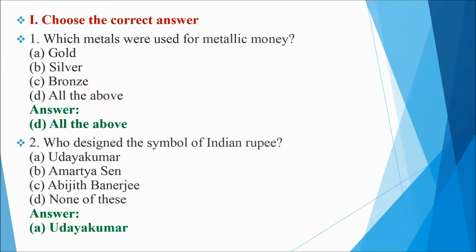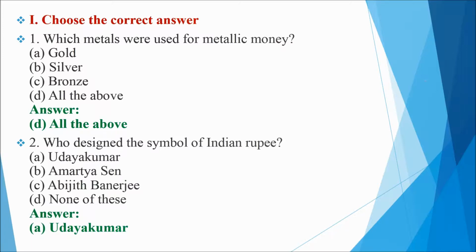Now we are going to revise the book back questions with answers. Roman letter 1. Choose the correct answer. Question number 1. Which metals were used for metallic money? Option A, gold. Option B, silver. Option C, bronze. Option D, all the above.